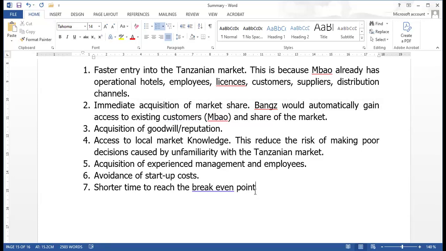Operating and establishment costs. Remember, at break-even point, your total revenue is equal to the total costs. You have simply recovered the money you invested through your revenue. Through your revenue, you have been in a position to recover the costs you incurred.